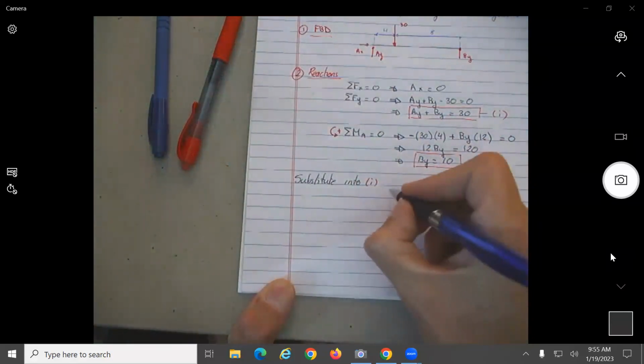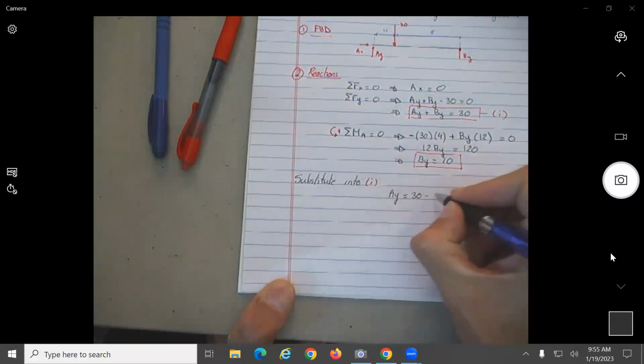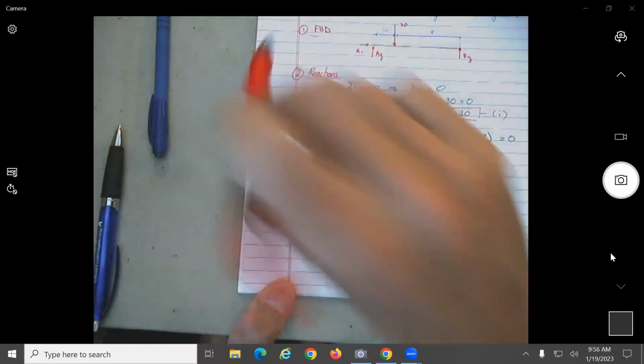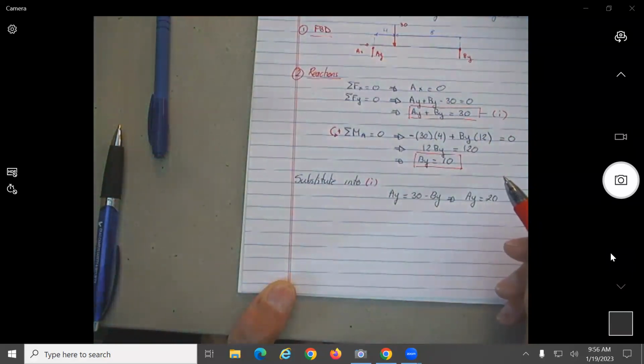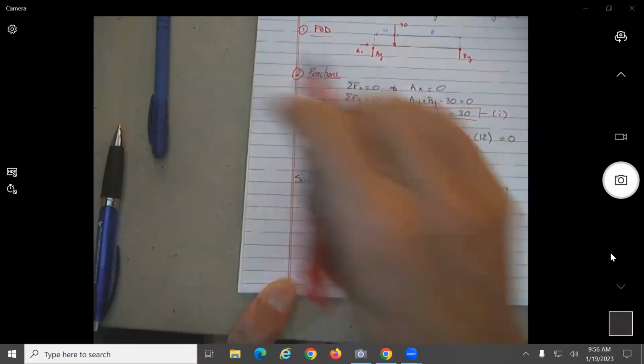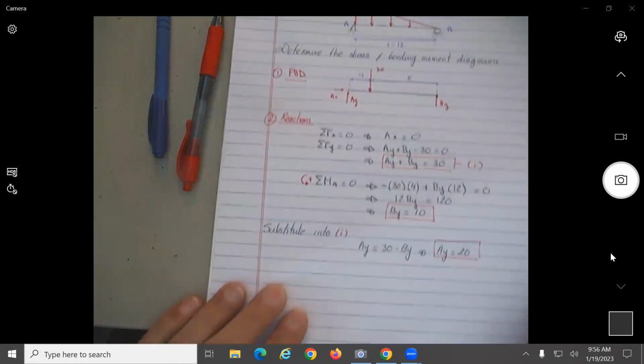So we're going to get Ay equal to 30 minus By, which means that Ay will be equal to 20. Okay, there's a reason why I do this example.